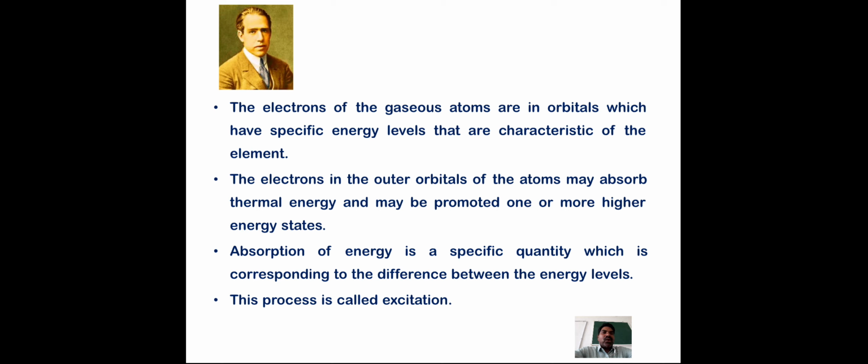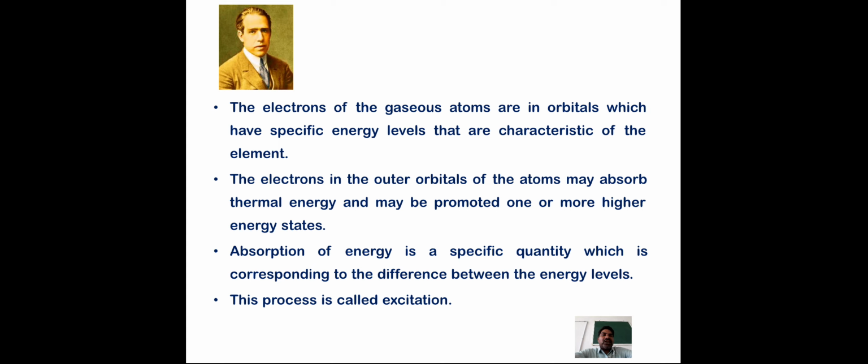The Bohr atomic model strongly suggests the occurrence of atomic spectra. The electrons of the gaseous atoms are in orbitals with specific energy levels that are characteristic of the element.